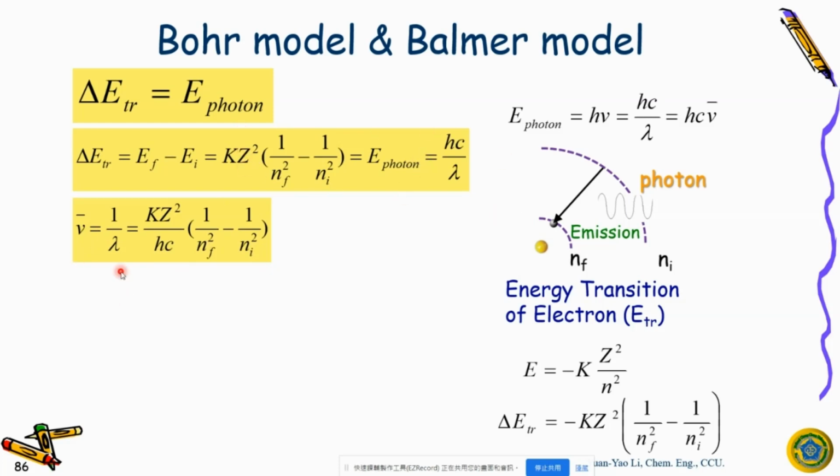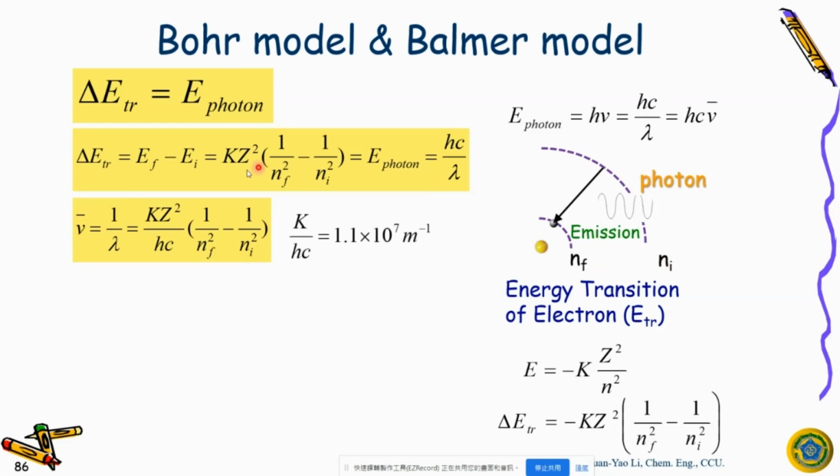Easy. So this is lambda. This is the reciprocal of lambda equal to this. And of course, we understand this is the frequency. So the Bohr model can derive the equation like this.